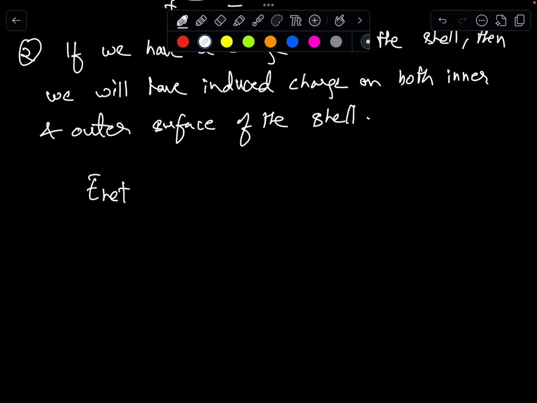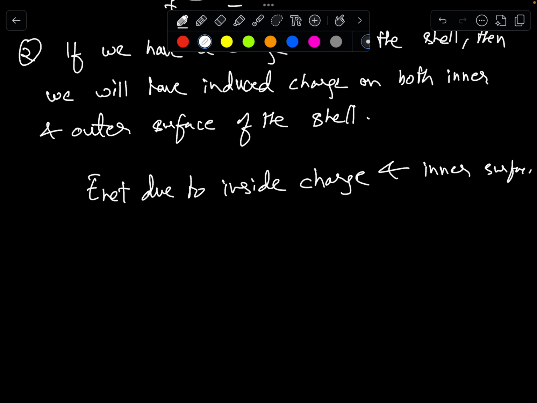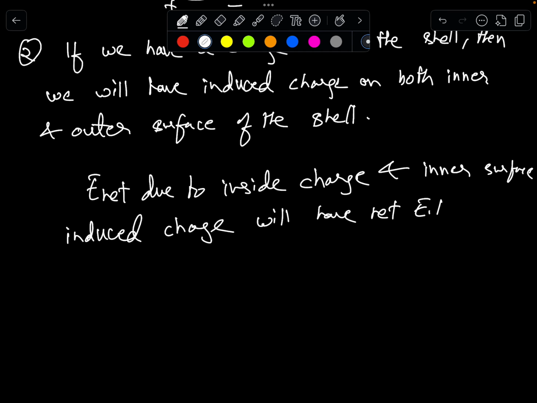The net electric field due to the inside charge and inner surface induced charge outside is equal to 0.